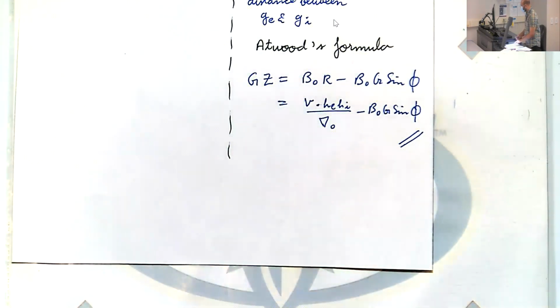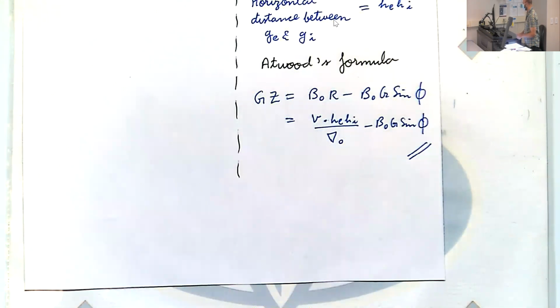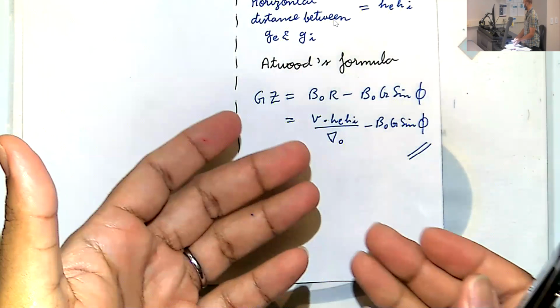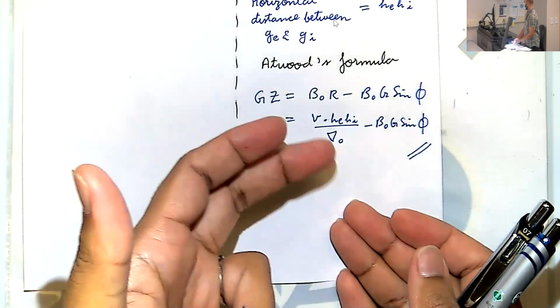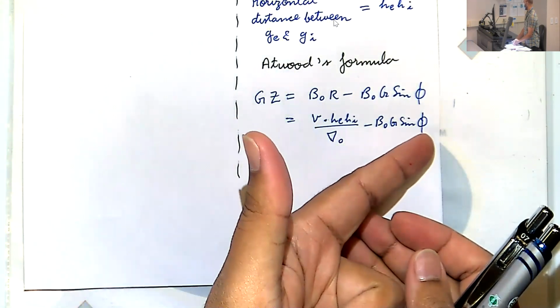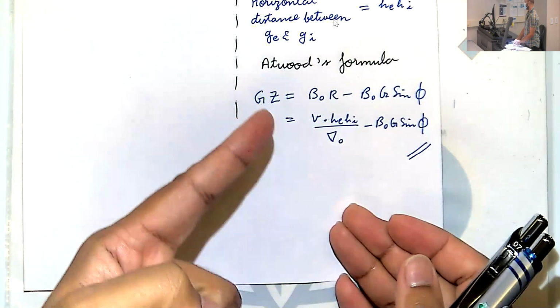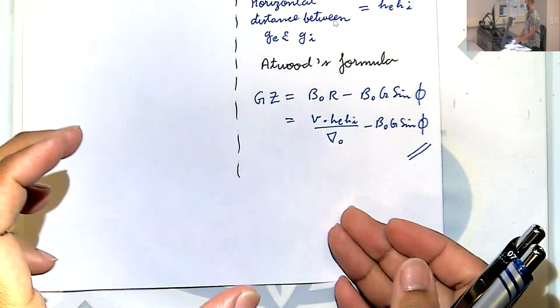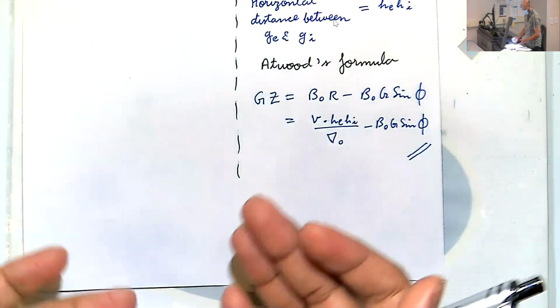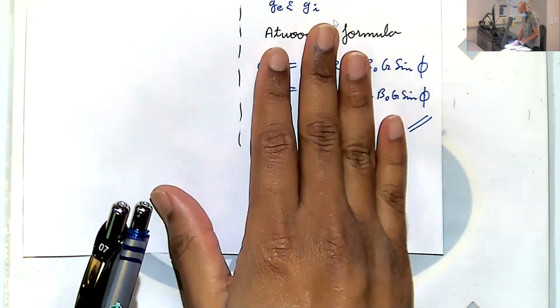So instead of having to compute this over and over, what a designer will do is they will pre-compute the GZ. And for a given angle phi, they'll tell you the restoring arm is this much. And they'll create a chart which you can use very easily.